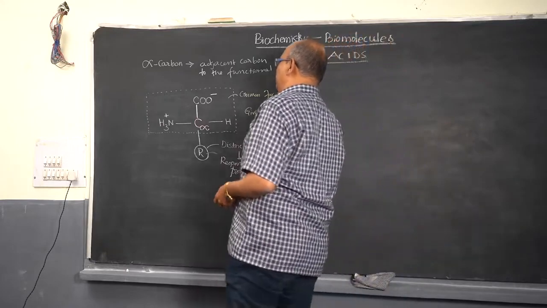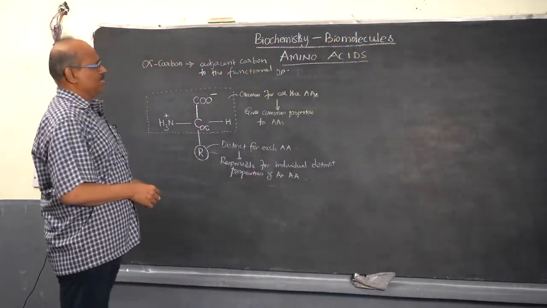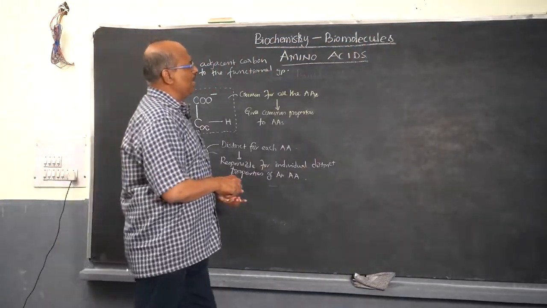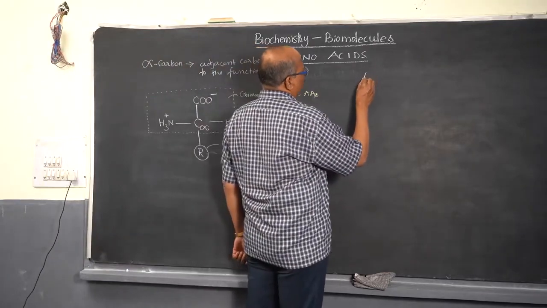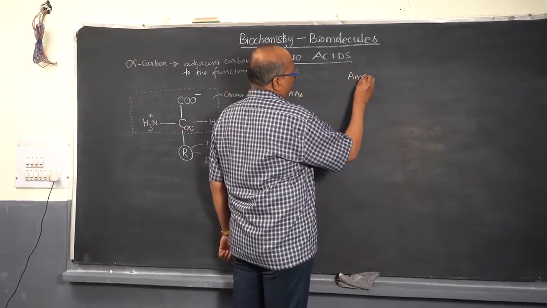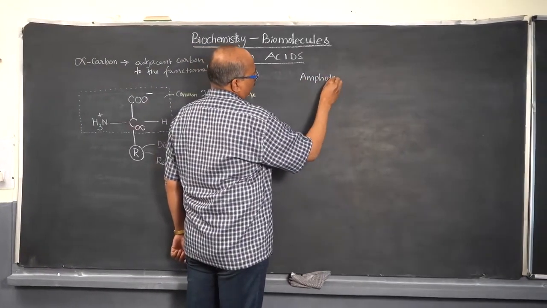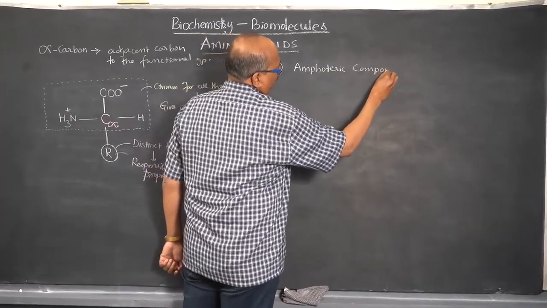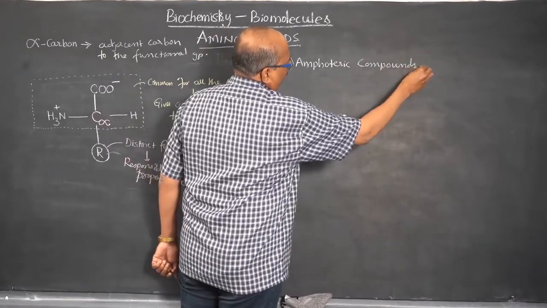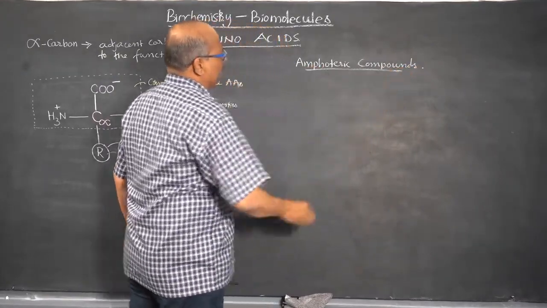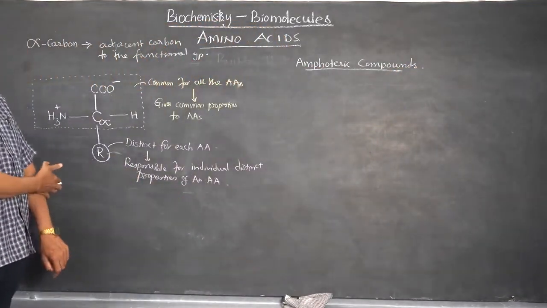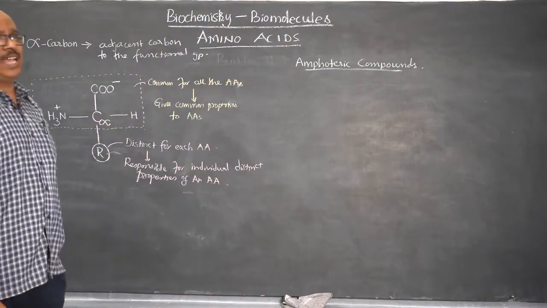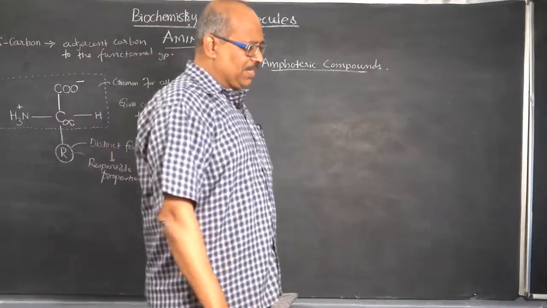Another way we can discuss the amino acids is that these are amphoteric compounds. So here we are extending the first definition. First definition we said these are bifunctional compounds having an acidic group and a basic group.